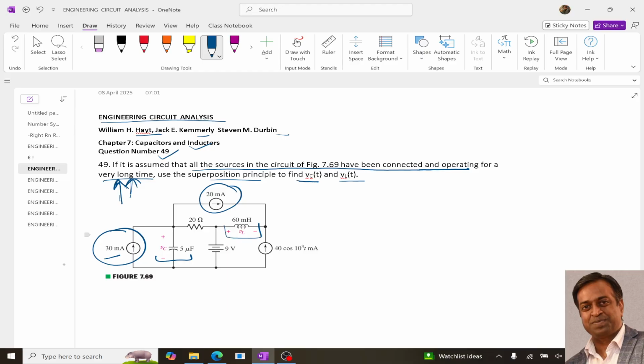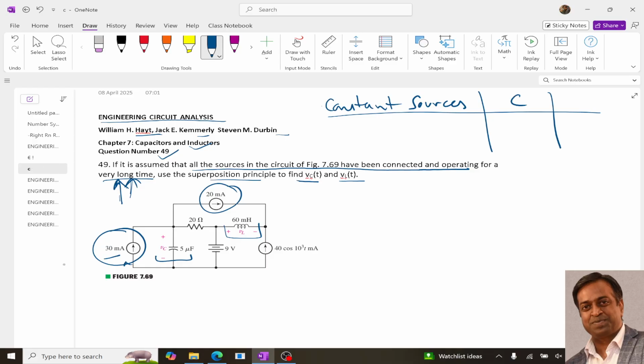We know that for constant sources, our capacitor will be replaced with an open circuit and the inductor with a closed circuit. Why?